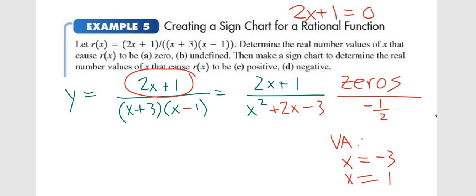Okay, now how do I find the horizontal asymptote? Take the what? I had three words that I love to say every time we do horizontal asymptotes.